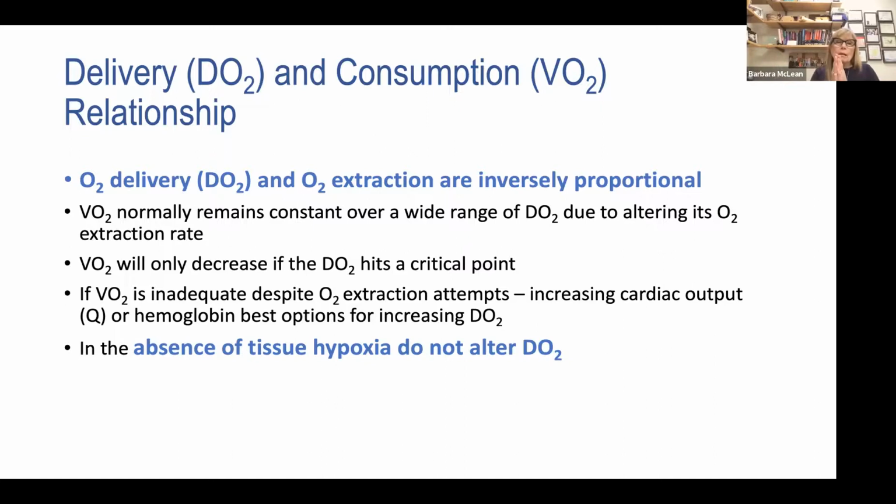But what's really important to remember is that if I'm looking at these numbers and you start to see a decrease in the difference between SA and SV, and you have the presence of metabolic acidosis, this is a really significant issue. Now, what does that mean?